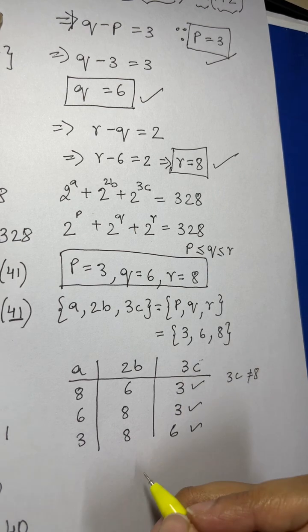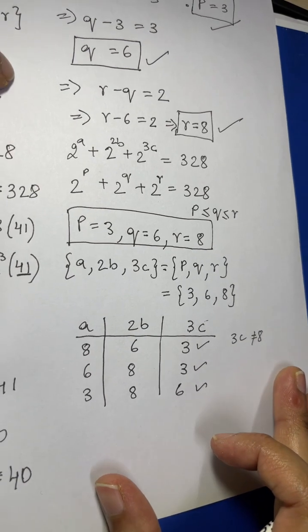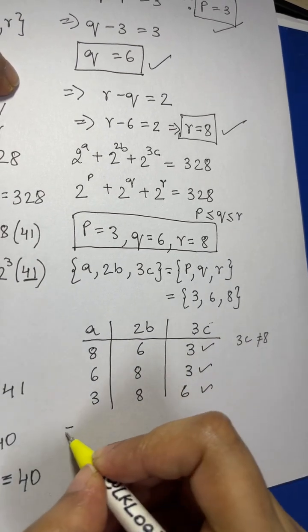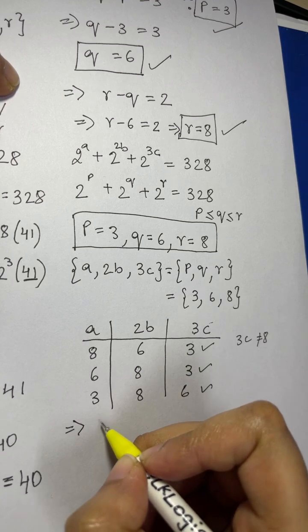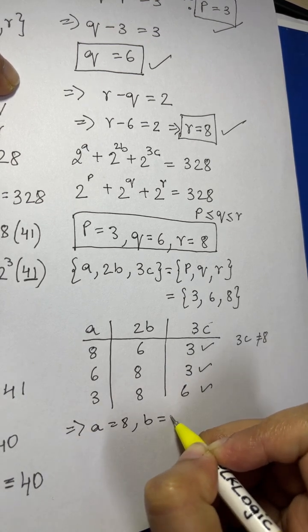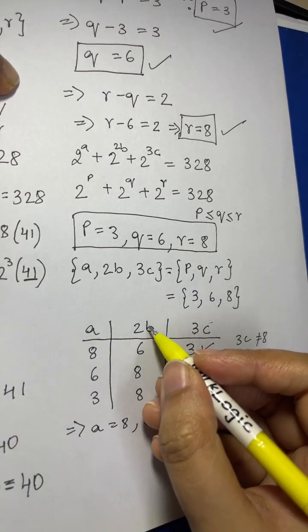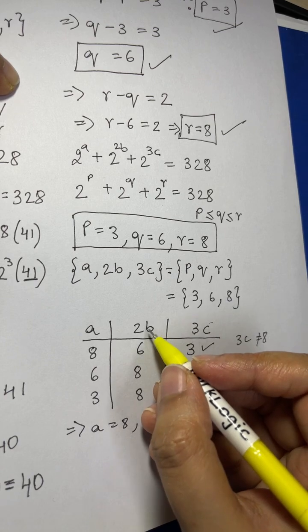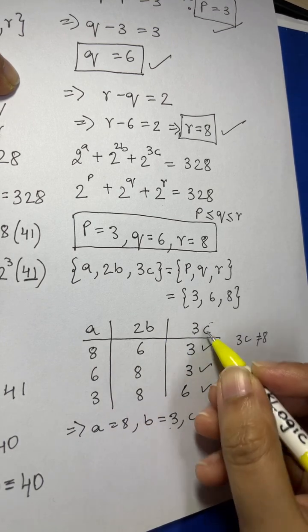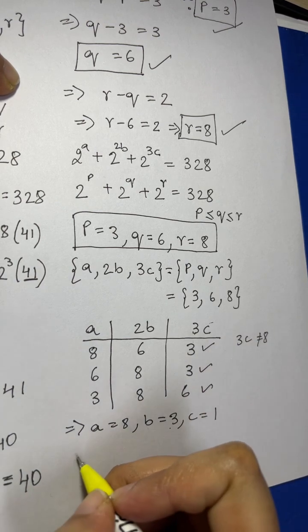So we have got the values of a, b and c. What are the 3 ordered pairs we have got? a is equal to 8, b is equal to 3 and c is equal to 1. If this is 2b, b will be 6 divided by 2, that is 3. This is 3c, c will be 3 divided by 3, that's equal to 1.